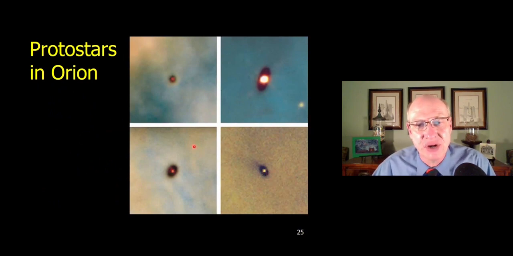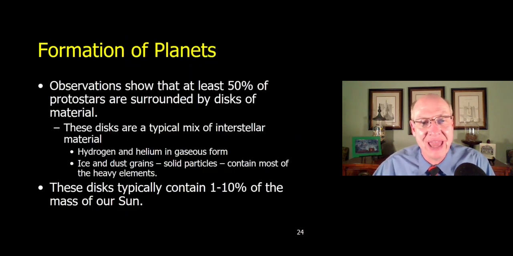So at the center of each of these, you see the newborn star. But surrounding them, you see a dark disk of material. And that dark disk of material consists of gas and little tiny particles of dust and rock and ice. And those are called protoplanetary disks. And it is those protoplanetary disks that are eventually going to form planets.